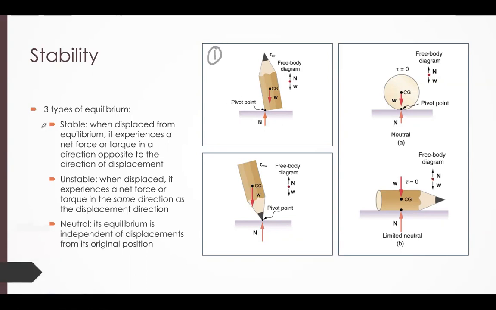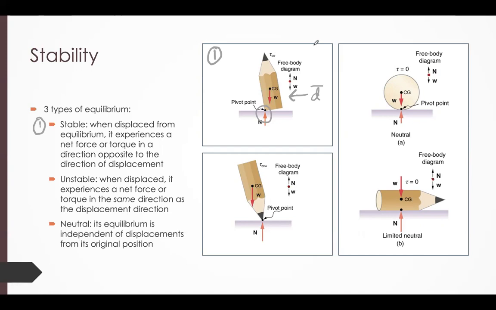This is going to be your stable type. You have a pencil that is perfectly cut, and it has been moved or displaced in this direction. So that's your displacement.